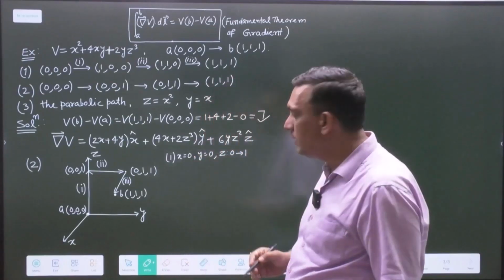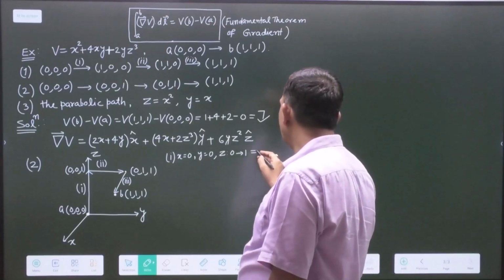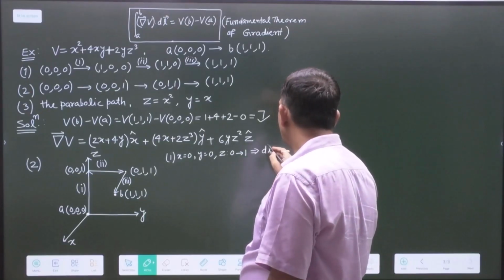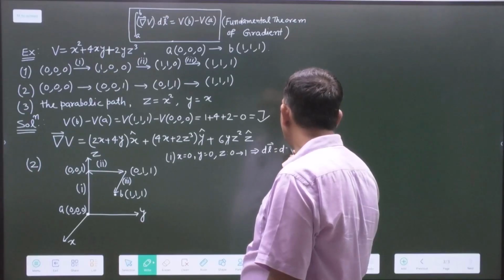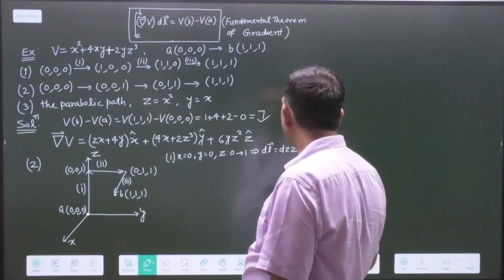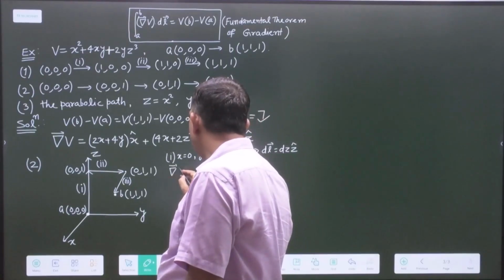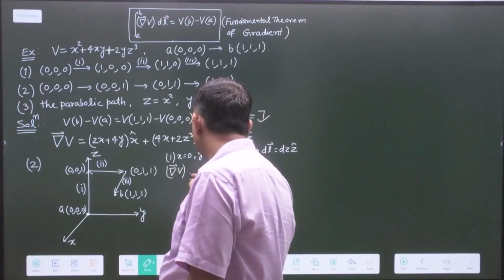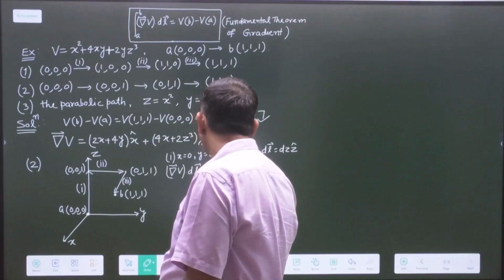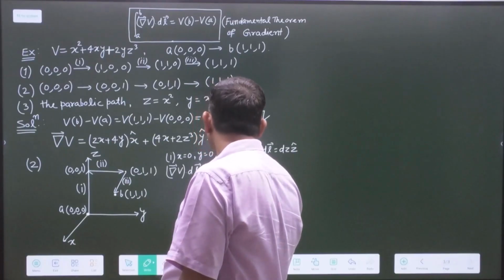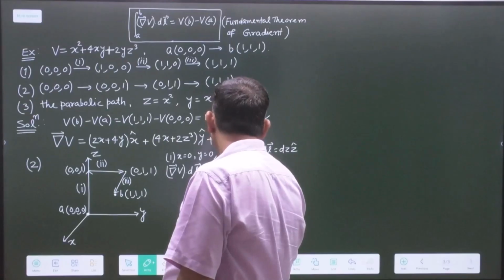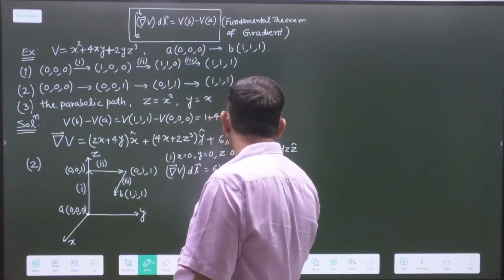So dx and dy are 0. In the same way, you can write dl will be dz z cap. So what will be gradient v dot dl? This is 6yz square dz, and because y is 0, this will be 0.